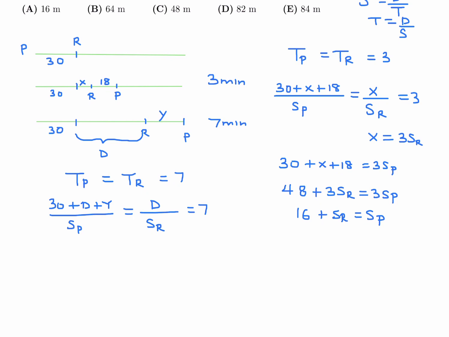All right, so now we got to figure this out here. Using this cross multiplication, we get D is equal to 7SR. And then from this one, we can get that 30 plus D plus Y is equal to 7SP.